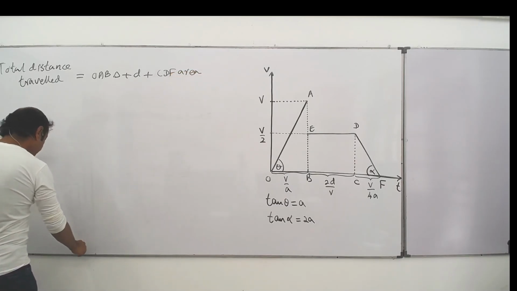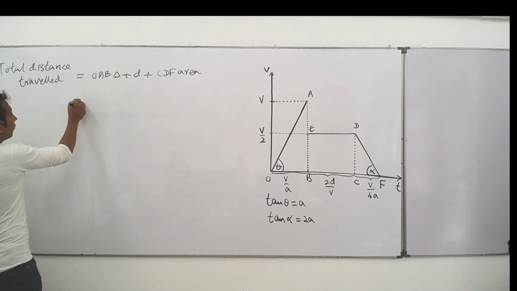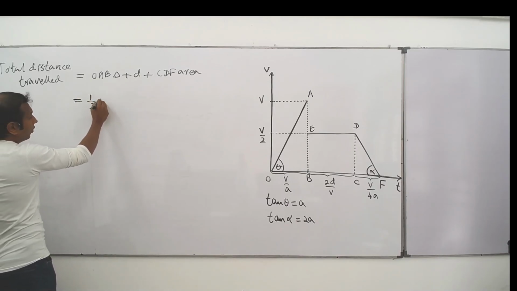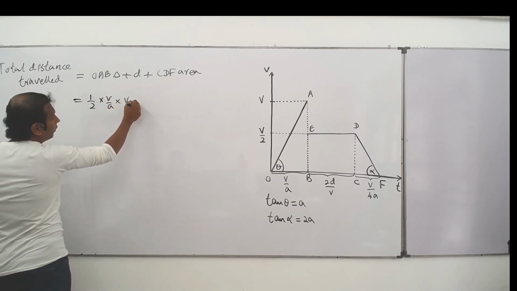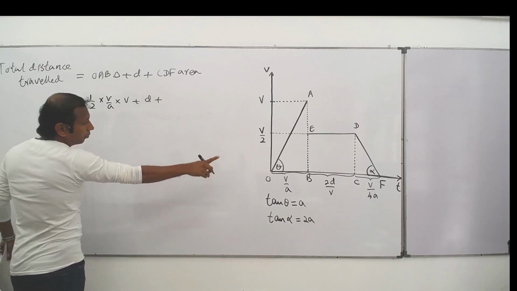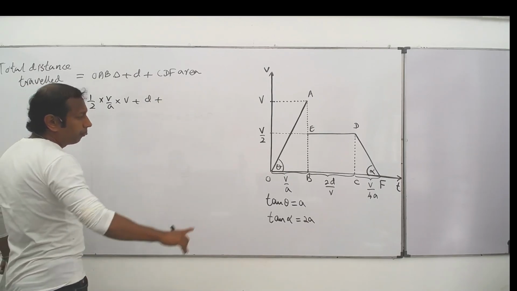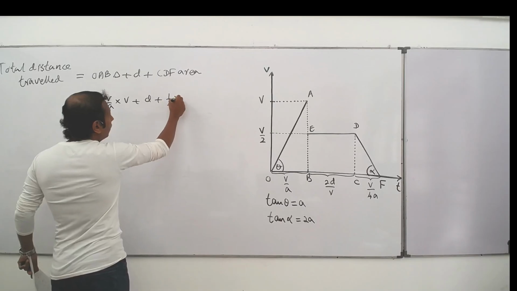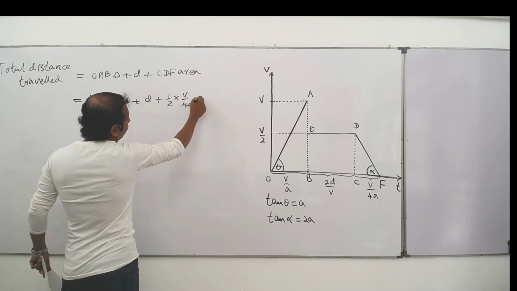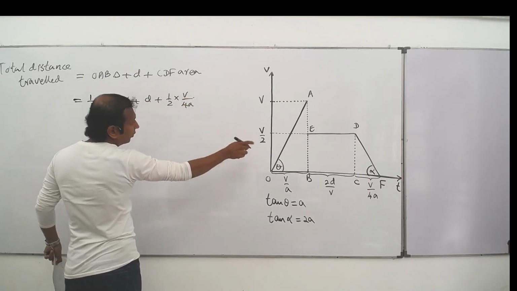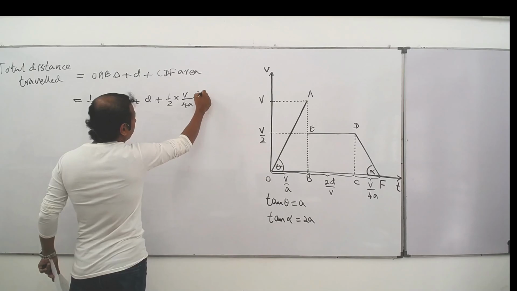Right. The OAB area you can write as half base v over a into height. The BCDE area is simply d. The other one is half base v upon 4a into perpendicular height v by 2.